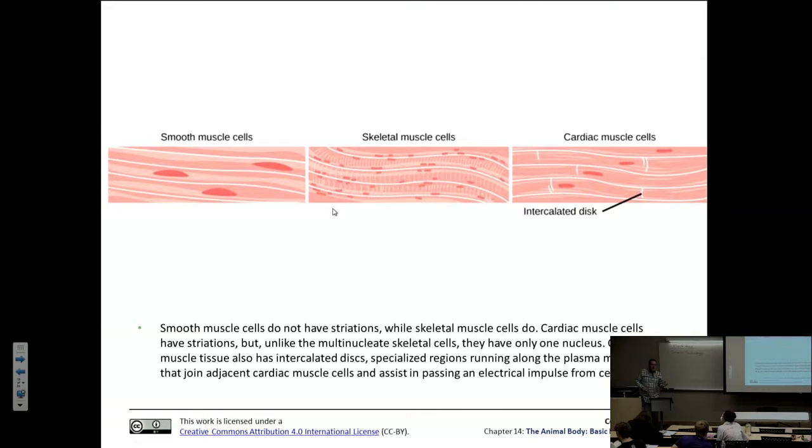So the first category is the smooth, and it's also called involuntary. This is the stuff you can't consciously control.